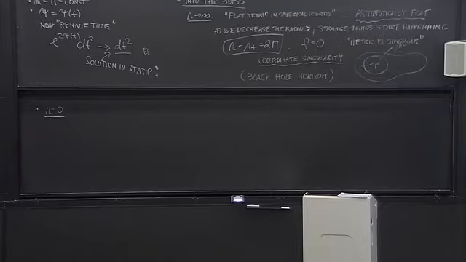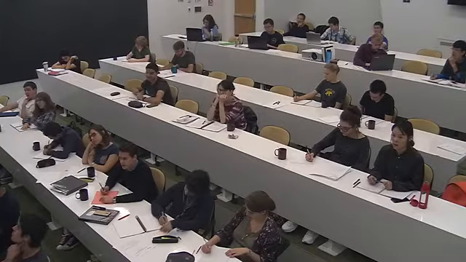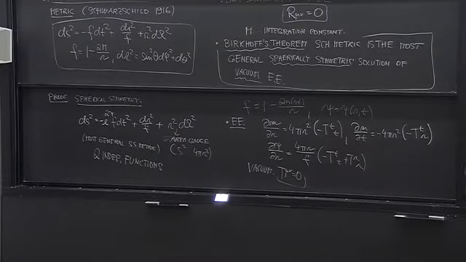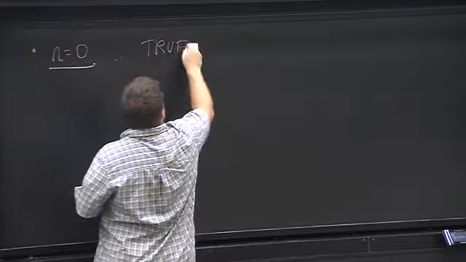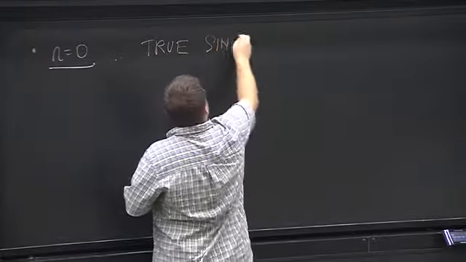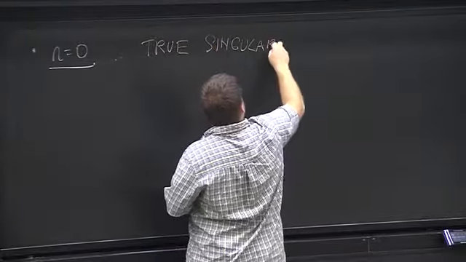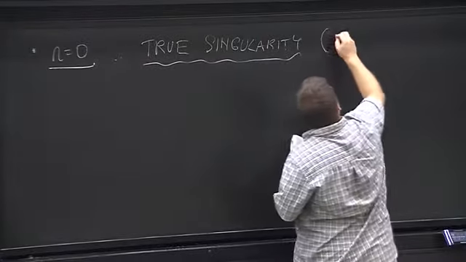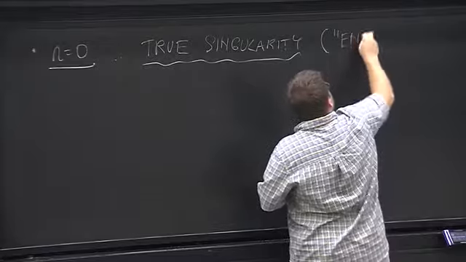If r is 0, then f goes to minus infinity. And that's also not good, right? So r equal to 0 is, and now one can show that this is a true singularity, or the end of the spacetime.